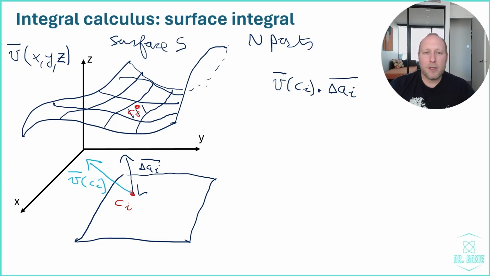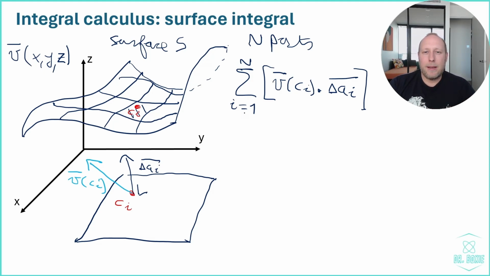And if we now want the flux through the whole surface, we need to add all of these. So we get the sum for i going from 1 to n of this flux through the ith part. So this represents an approximation for the total flux through the whole surface of the vector field.